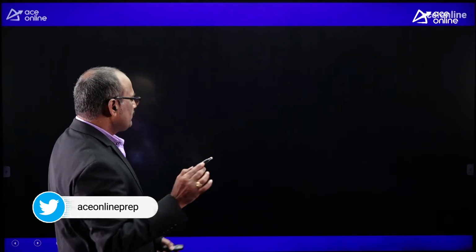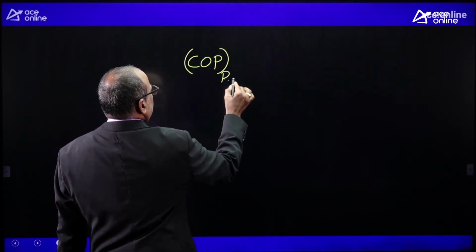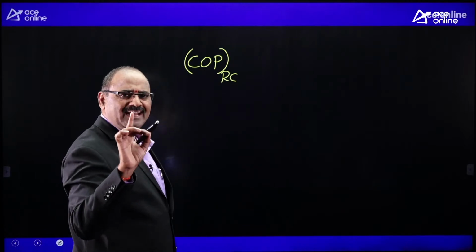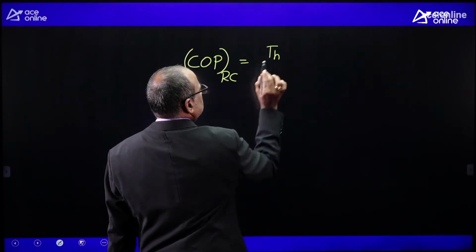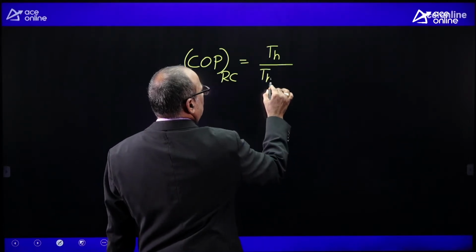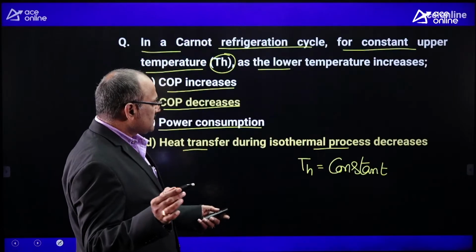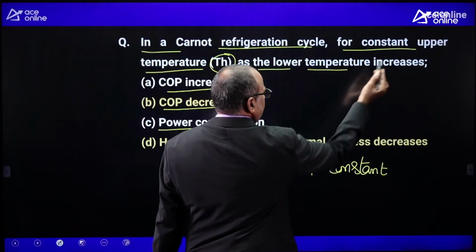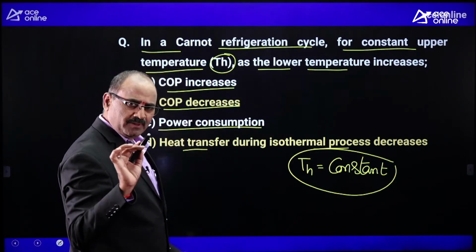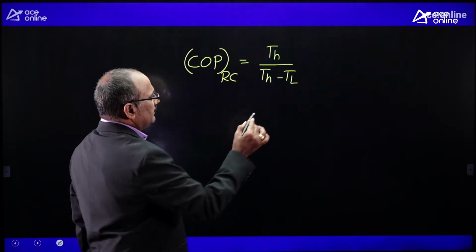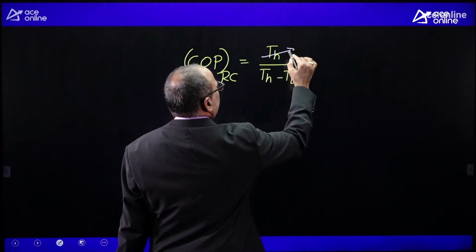As you know, the COP of the reversed Carnot cycle depends on only two temperature limits, namely the upper temperature, called the highest absolute temperature TH, and the lowest absolute temperature TL. It is asked, if the lower temperature increases at constant upper temperature, what will happen to the COP? Now, TH is remaining constant.